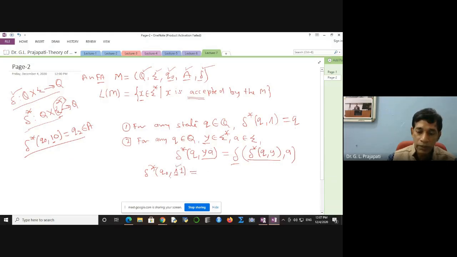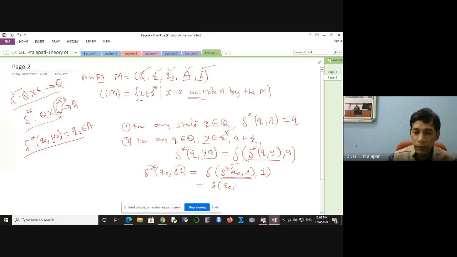On receiving the null string, if you are at the state q0, you can define it like this: delta star of q0 and null. Once you are in that state and you get 1, where will you go? According to the transition of your machine. Your definition says that whenever you are at q0 and your input string is null, you remain in the same state, so the output is q0.